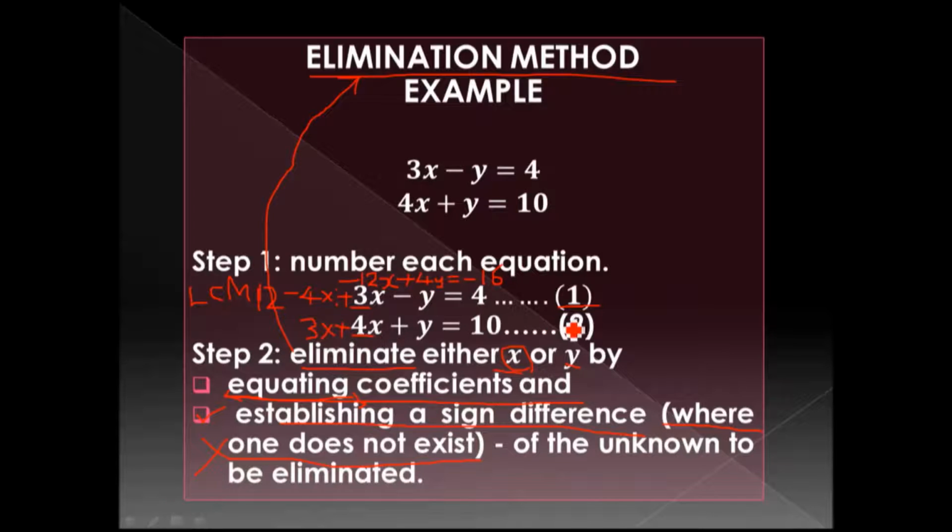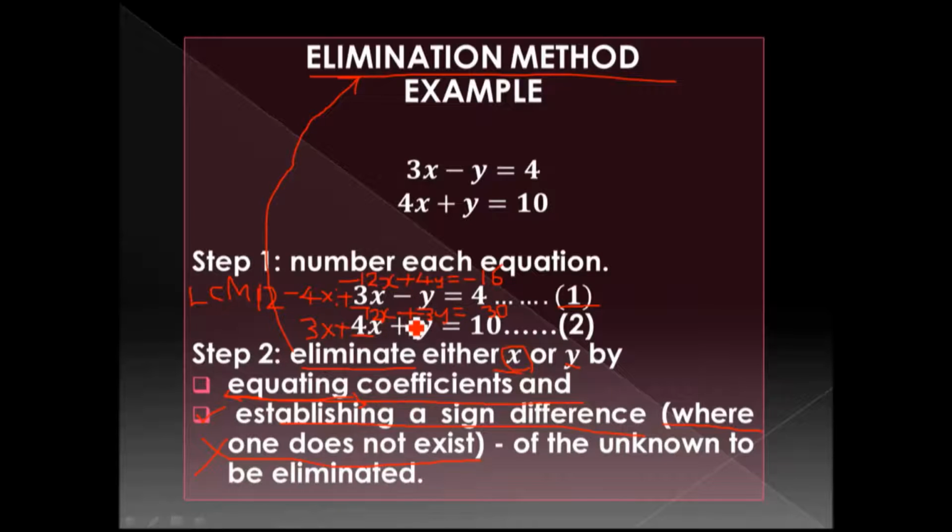We are going to transform equation 2 by multiplying each term thereof by 3. And this will give us positive 12, where the positive sign is the salient feature, plus 3y being equal to positive 30, the salient positive sign being there. So this is what we carry out in compliance with step number 2. Okay? Equating our coefficients and establishing a sign difference.